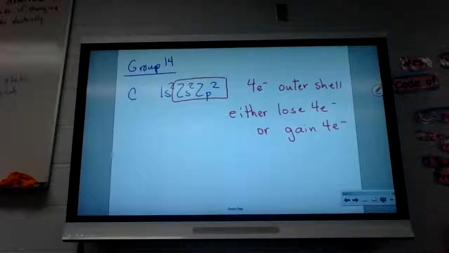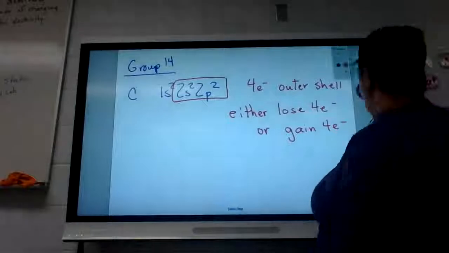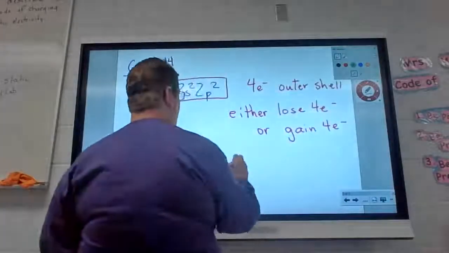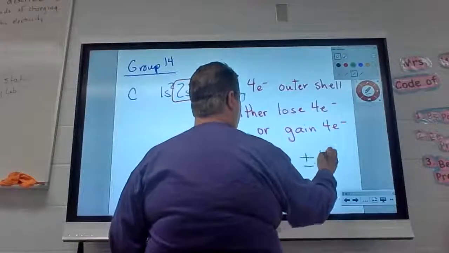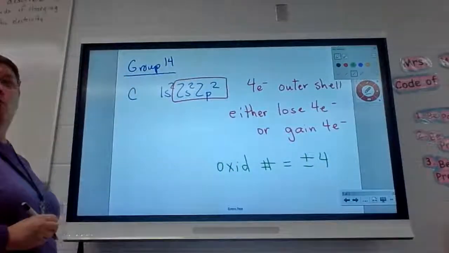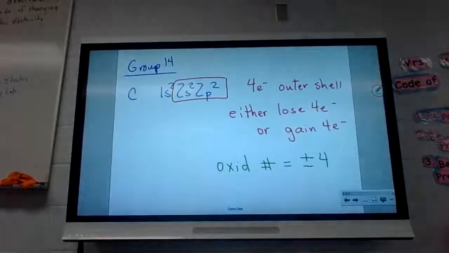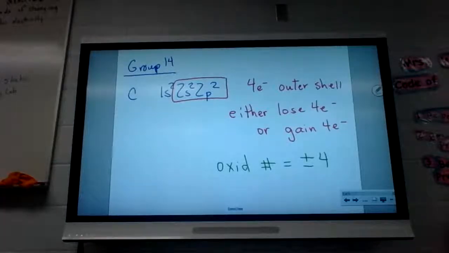No. So if you remember what we said yesterday, this is the oxidation number that we said was what? That's right. Because we have no way of knowing which one is easier to do, to either lose 4 or to gain 4. It could be either one. Are you with me on that? Now, we're at the halfway point. We now have 4 electrons in the outer shell.